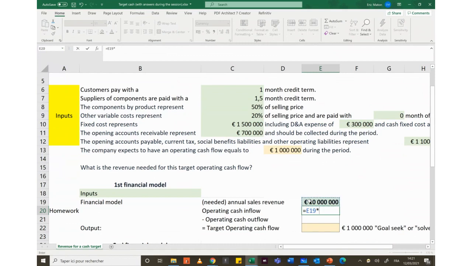So what we will collect is the revenue of the year multiplied by 12 minus 1 divided by 12. So we don't collect the last month because we have a 1 month credit term. So I create the links to the inputs, and the relevant input here is the 1 month credit term.